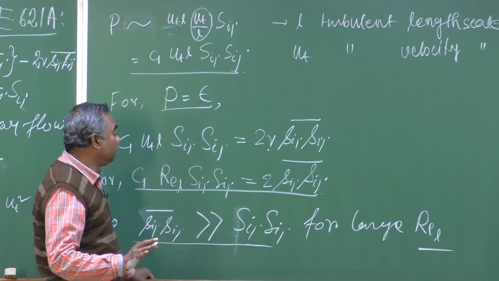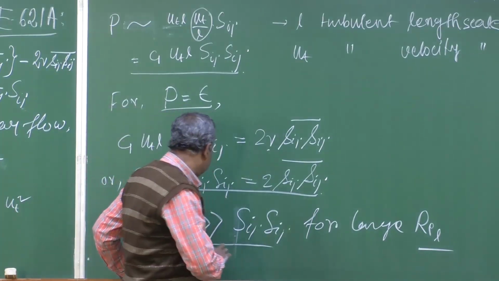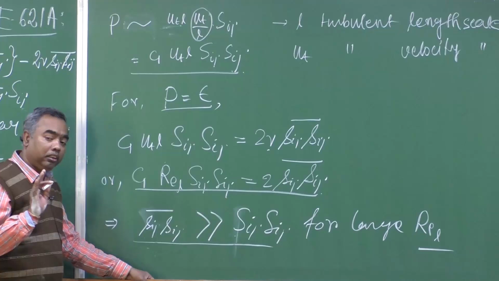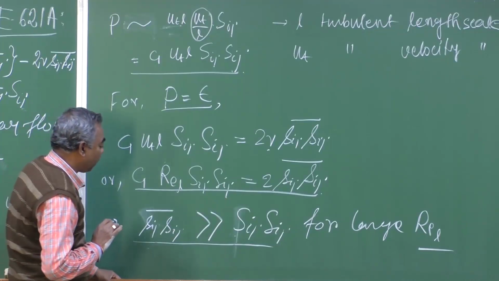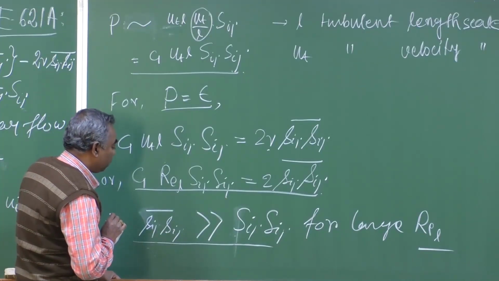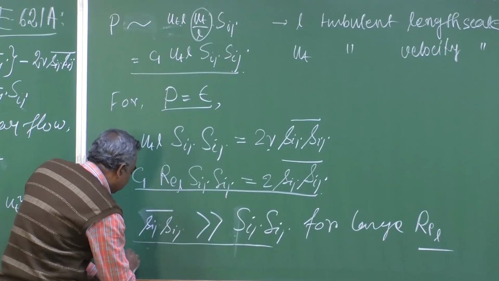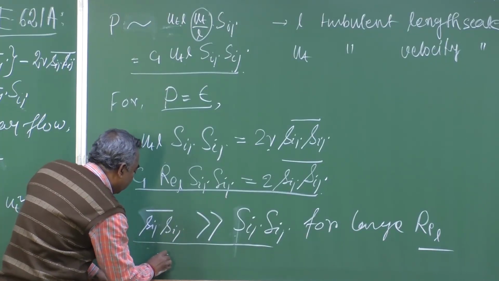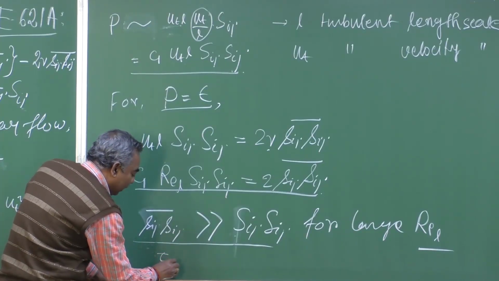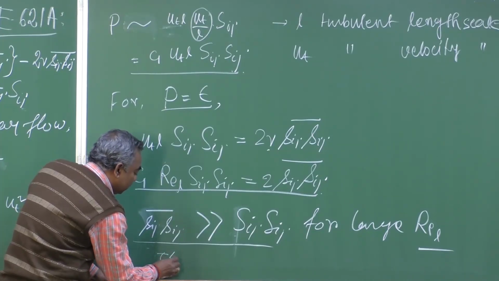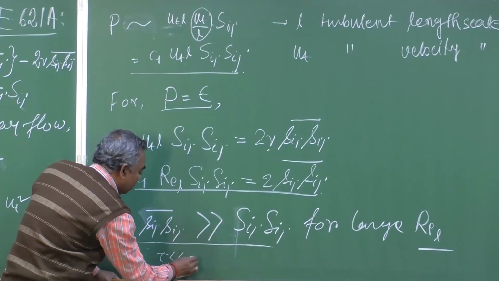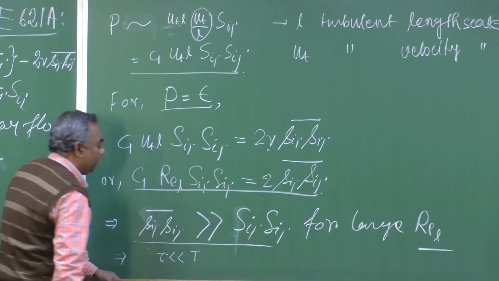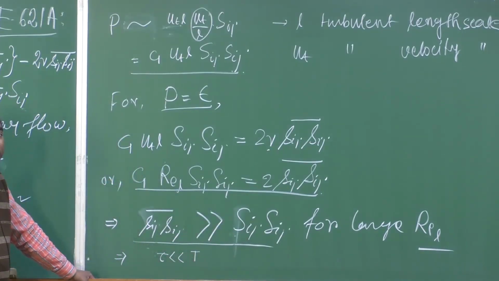Okay. So, there is one important point. The small time scale, or the dissipation time scale, let us say it is tau, is much smaller than the mean flow time scale, let us say capital T. Okay. That is what it says.